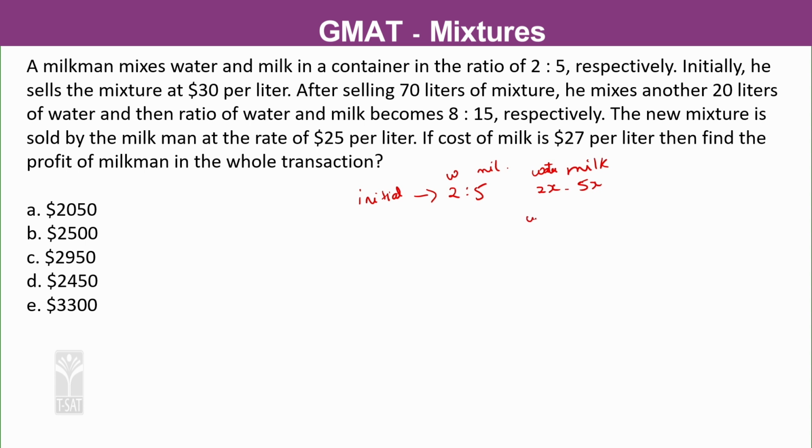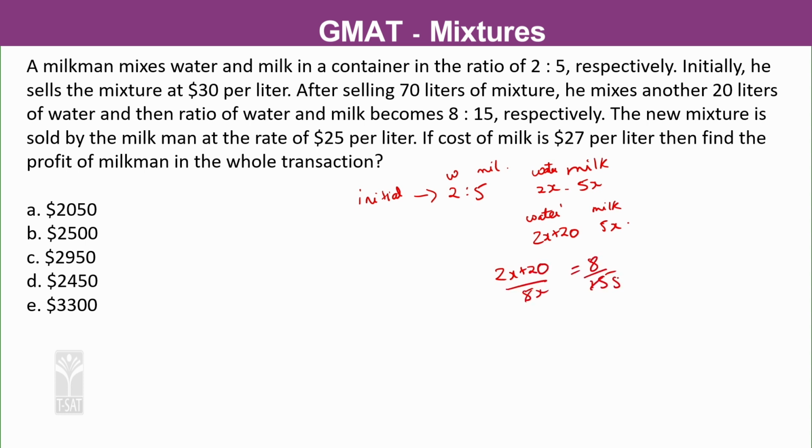Now, the new water will be equal to what? 2x plus 20, and the milk will remain the same, that is 5x. So, he is telling us that the ratio of the water to milk, that is (2x plus 20) by 5x, will be equal to 8 by 15.